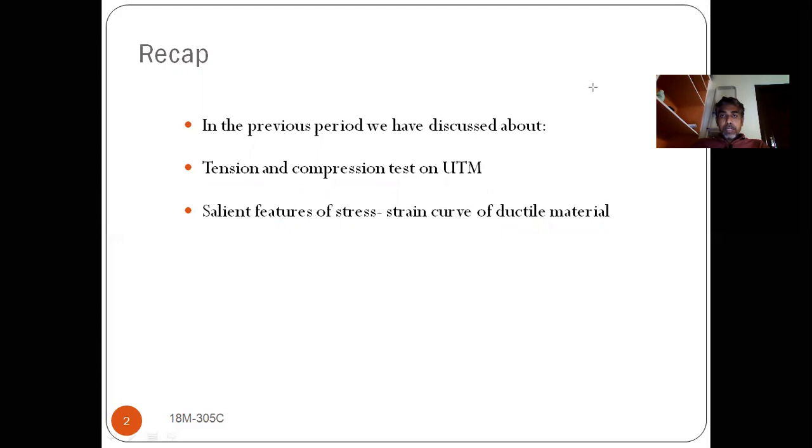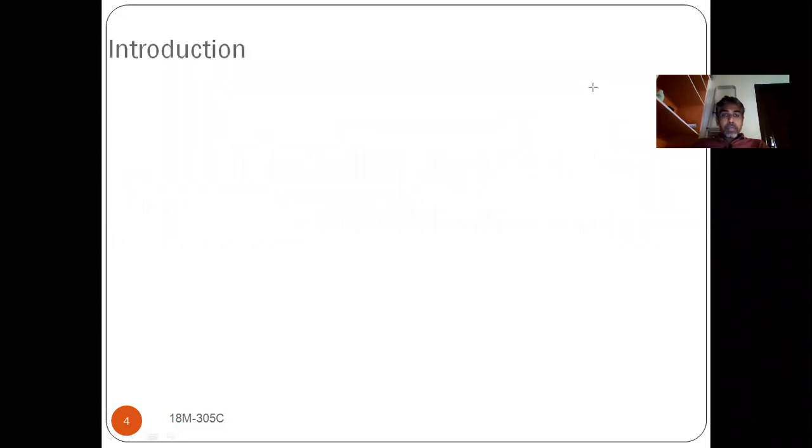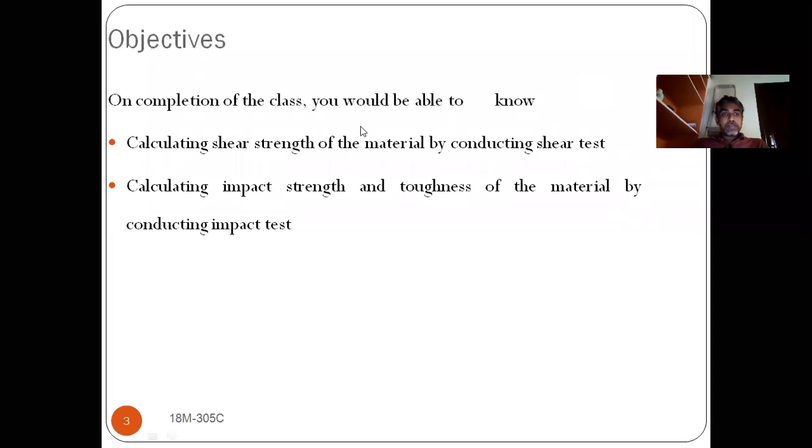See here, what we are going to discuss in today's session. Here we are going to discuss the shear strength. So how to find out the shear strength of a material, and later we will find out the impact strength and toughness of a material by conducting an impact test.